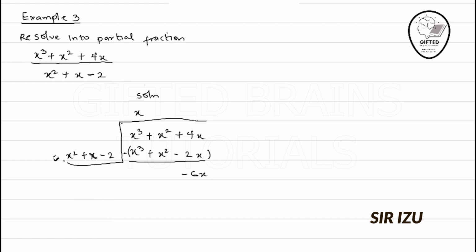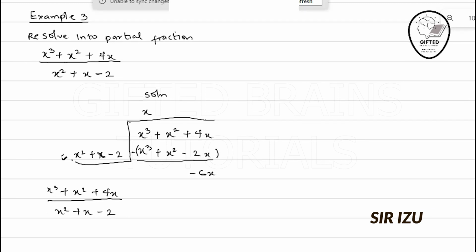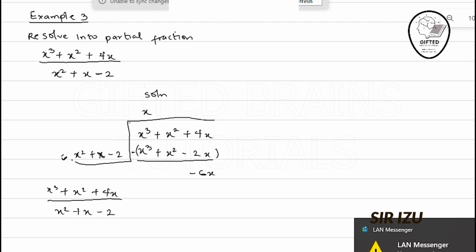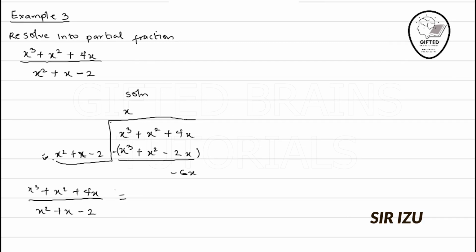So I can write this as x cubed plus x squared plus 4x all over x squared plus x minus 2 being equal to, sorry, this is not minus 6x, this is plus 6x.